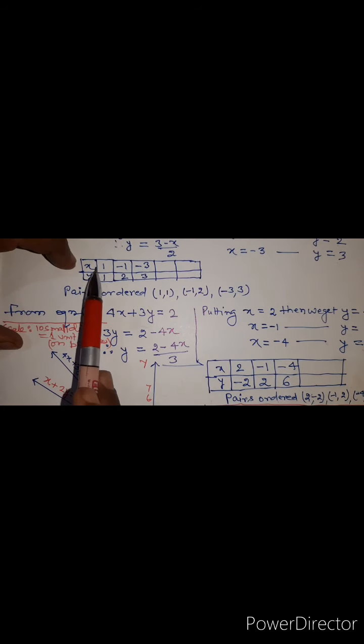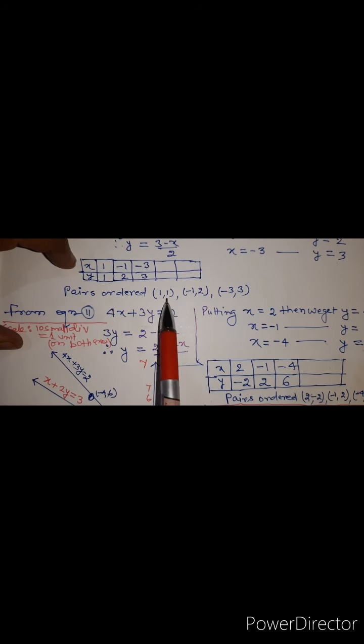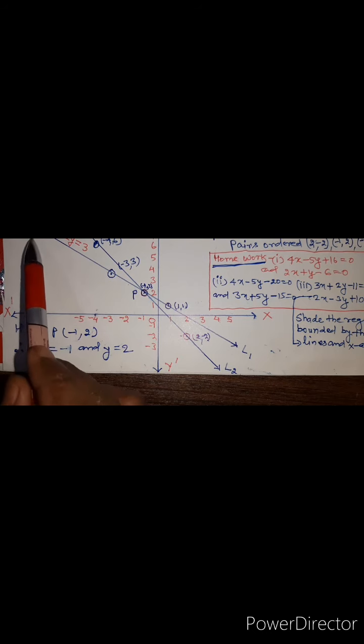Here is the table whose pair order are 1 1, -1 2, -3 3. So look at here, 1 1, -1 2 and -3 3. So these are the first line, L1.